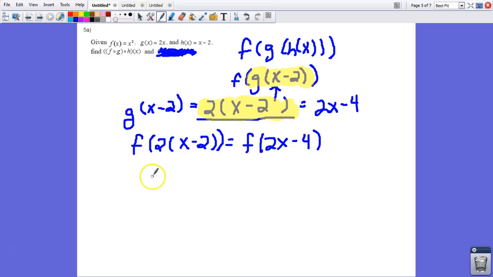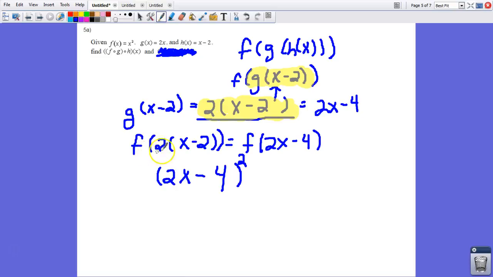Okay. So what that means is our original f of x is just x squared. So if I make this whole thing as my x, right, x squared, and I just made it really big because I'm going to erase it, because instead of x, I'm going to put 2x minus 4.